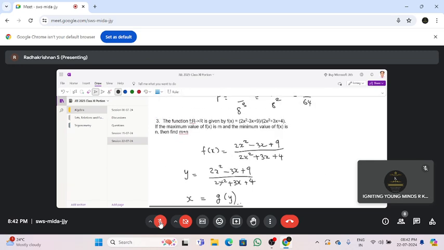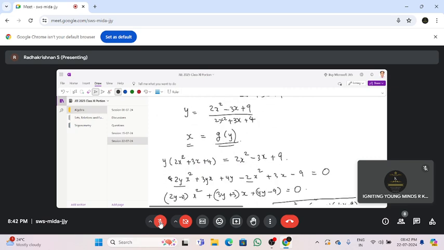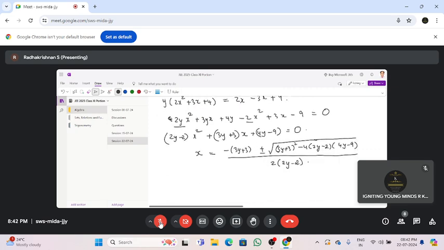Now, here again, the condition given is R to R. So what is the condition for R to R?